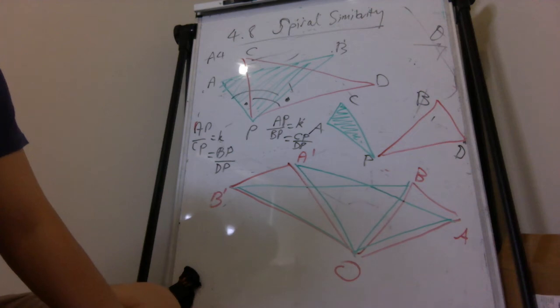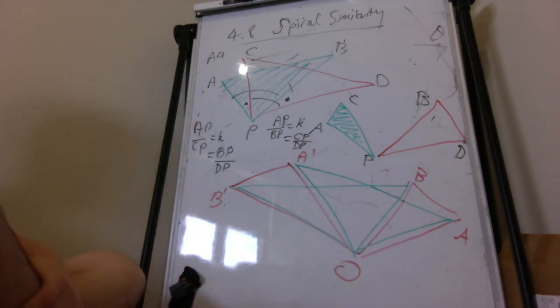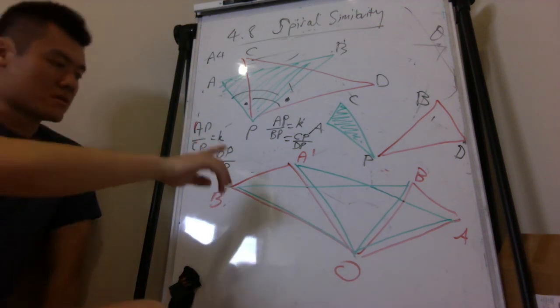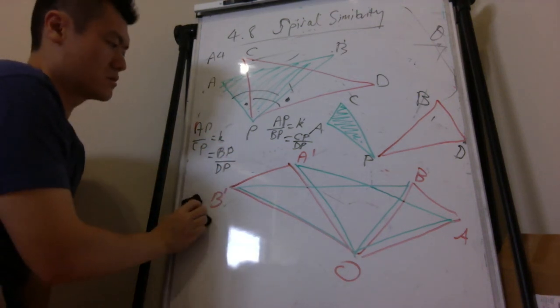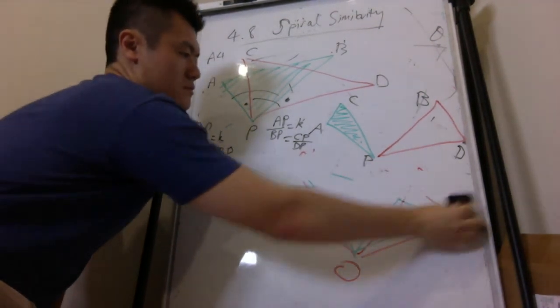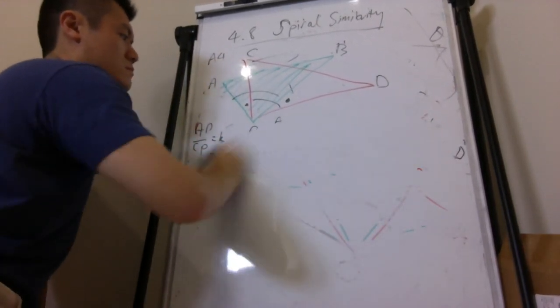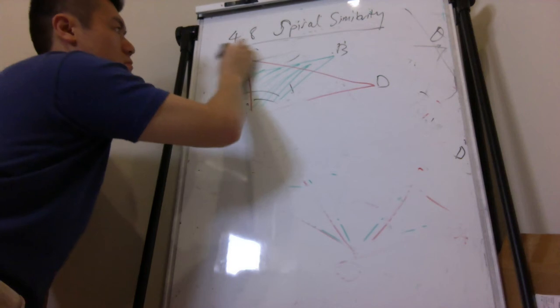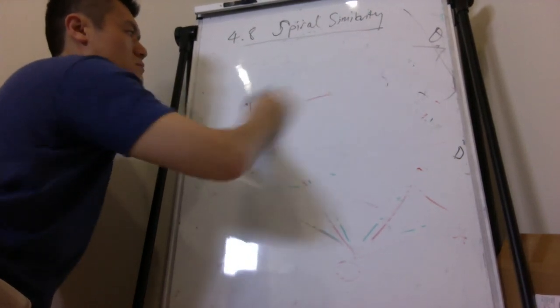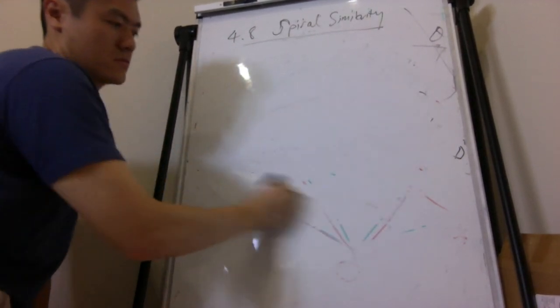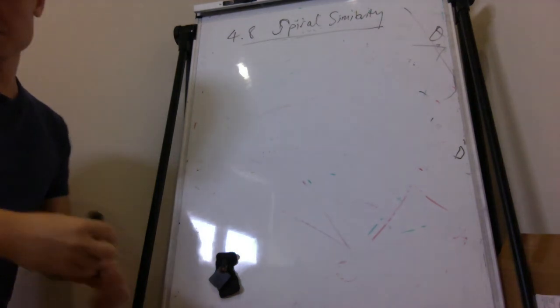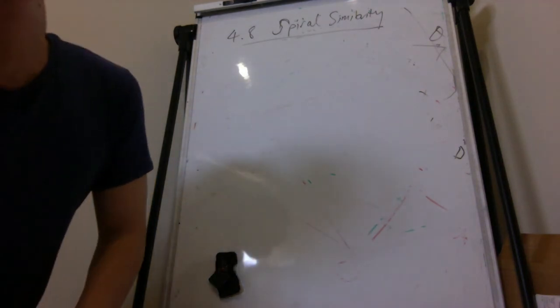Okay, so they say let us use spiral similarities to prove this theorem. Okay. So we all got what this is, yeah? Makes a lot of sense.